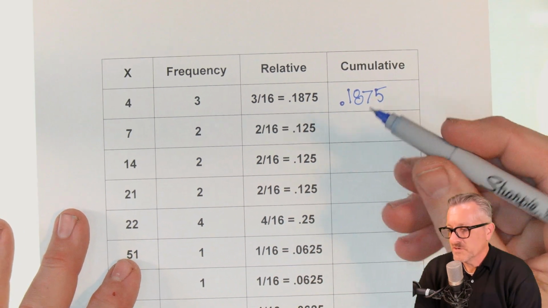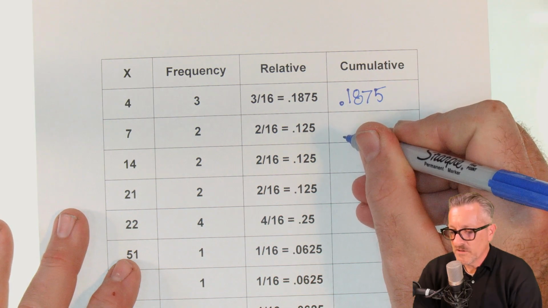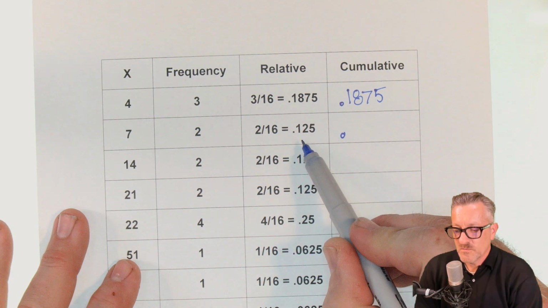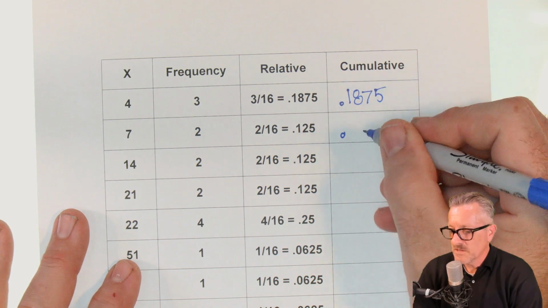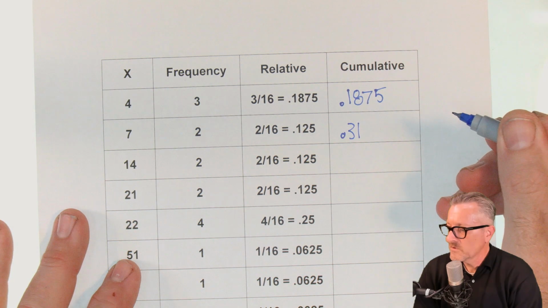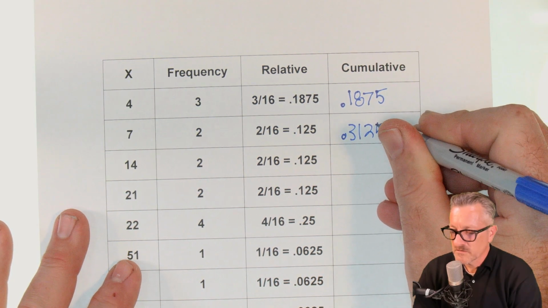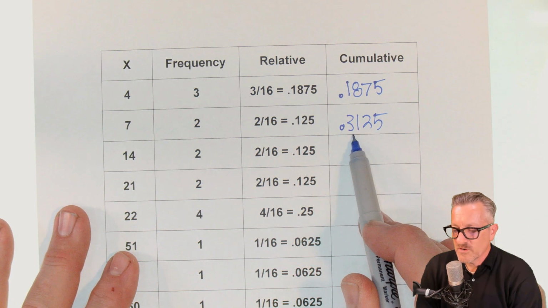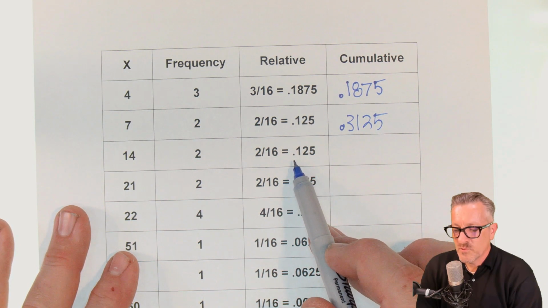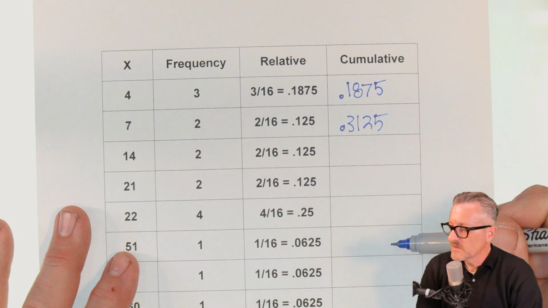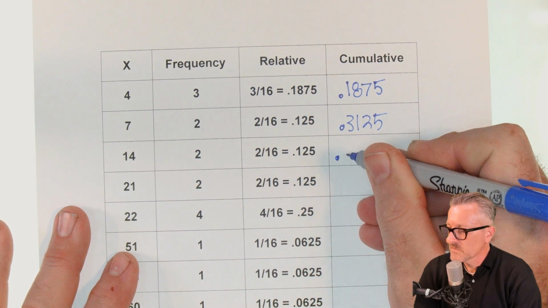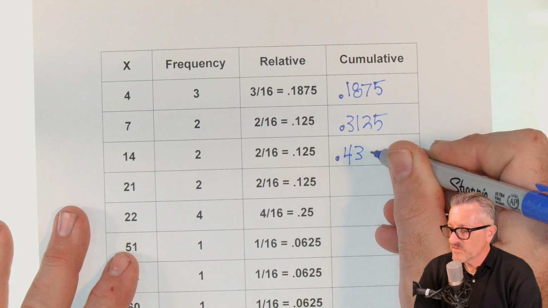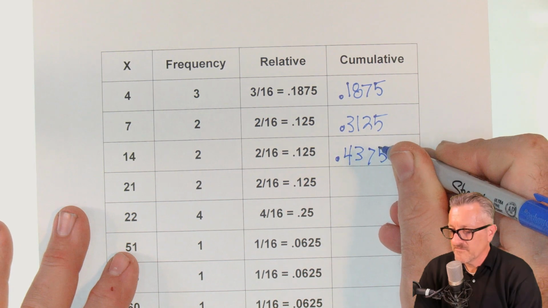Okay, so I have these written out so I don't mess up for you. When we add 0.1875 to 0.125, this is what we get: 0.3125. And then the next one, when we have 0.3125 plus 0.125, we end up getting this: 0.4375.